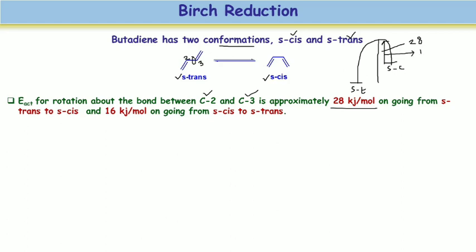This is 16 kJ per mole. Now the energy difference between the S-trans conformation and S-cis conformation is given by this energy gap. So what will be the value of it? It will be 28 minus 16, giving 12 kJ per mole.